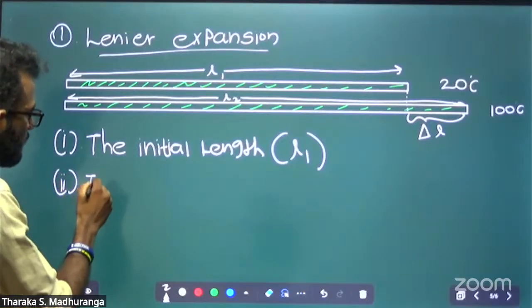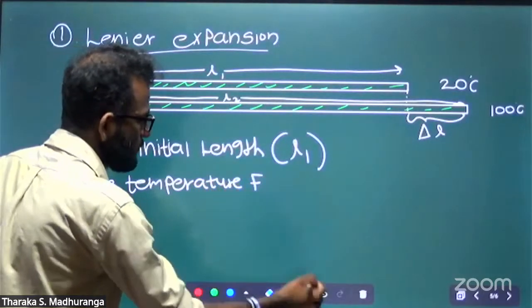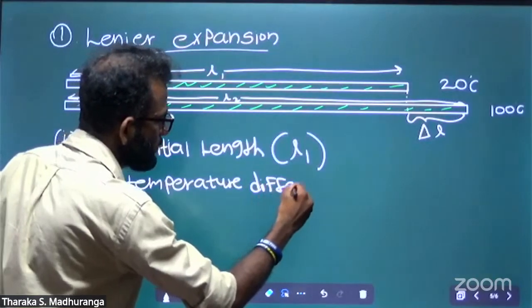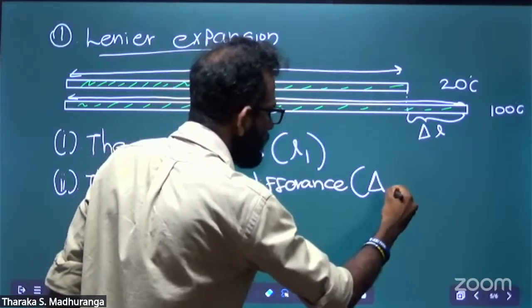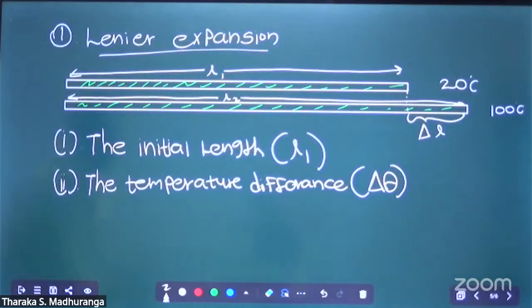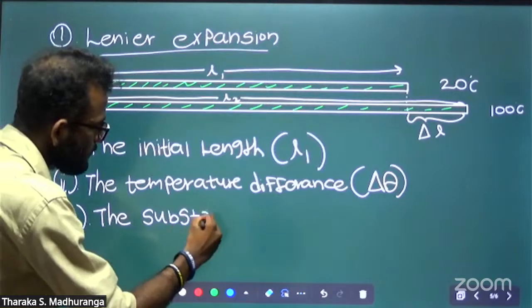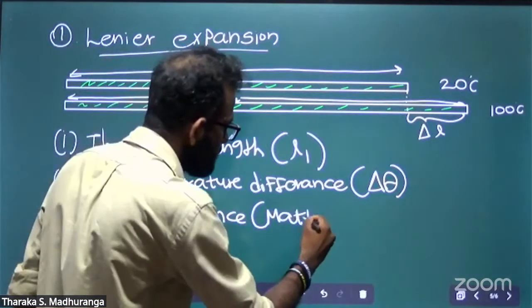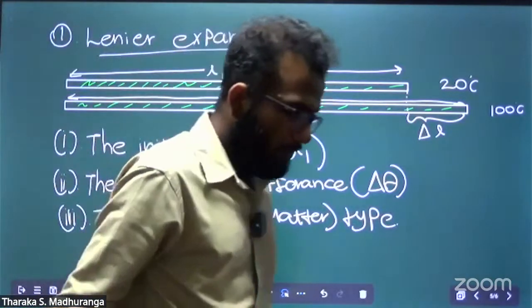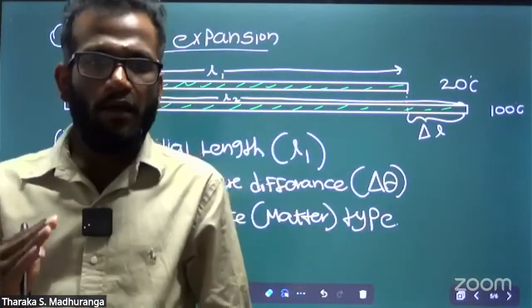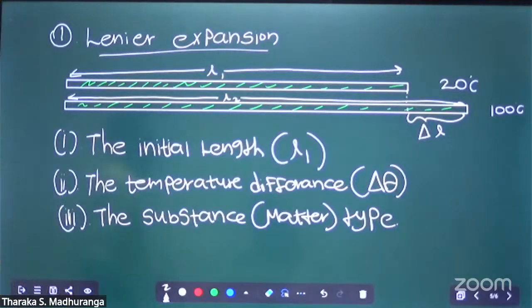The second one, the temperature difference, within bracket delta theta. Third one, the substance type, if you want, within bracket matter type. You don't need any symbol. The temperature difference delta theta, initial length L1, and the substance matter type. Okay, complete, everyone? Everyone completed?